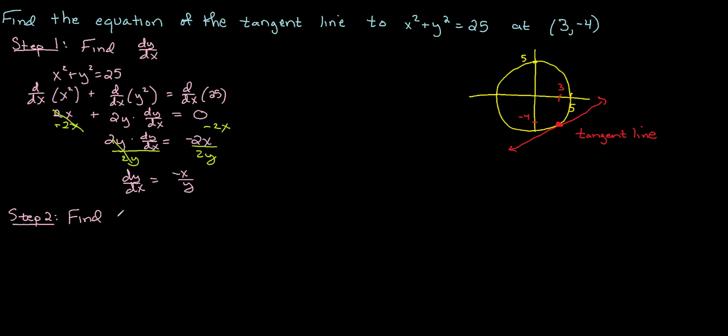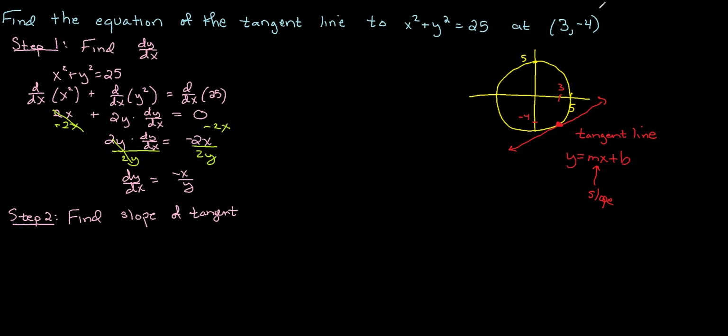Step 2, I want to find the slope. So let's say find slope of the tangent line. Now, if you recall, the equation of a line in slope-intercept form is y equals mx plus b. And so that m there, that's our slope, and that's what I'm hunting for right now. So to find the slope of the tangent line, I'm going to plug in my point.